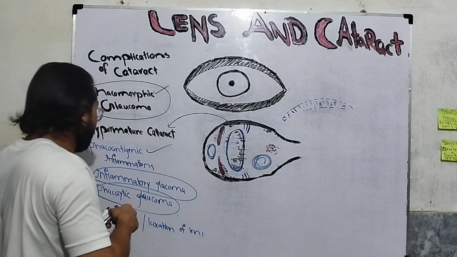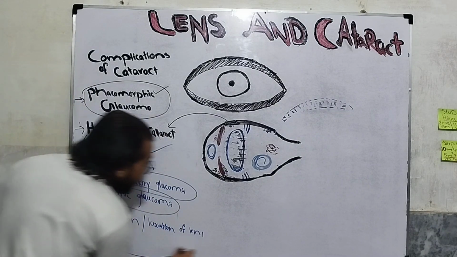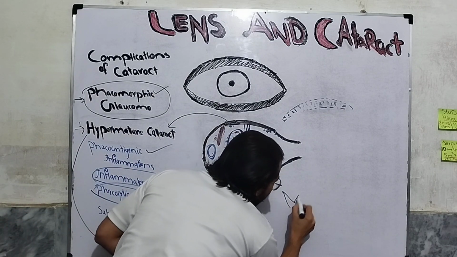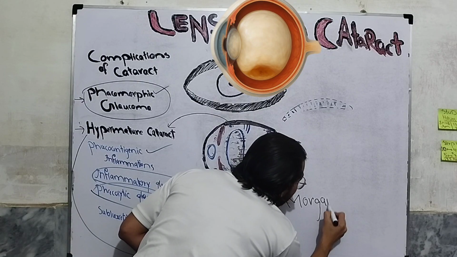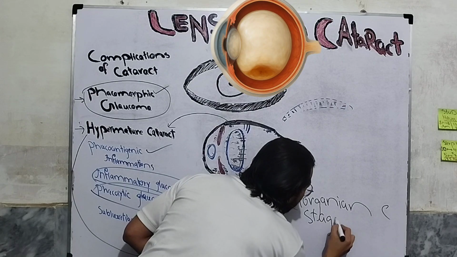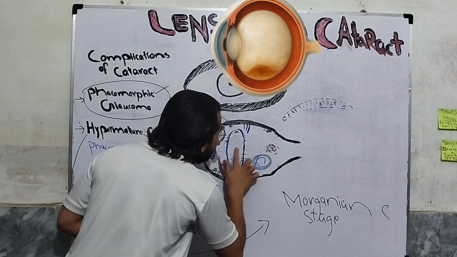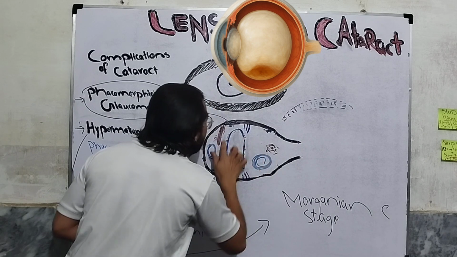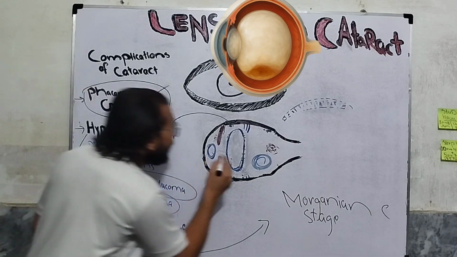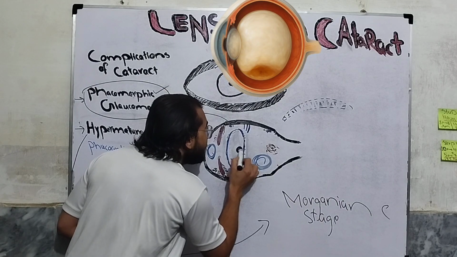Now this hypermature cataract can go into another stage, which is the last stage, Morgagnian cataract. In this Morgagnian cataract stage, what is happening? A lot of water has come into the lens, so we are left with only a small nucleus.